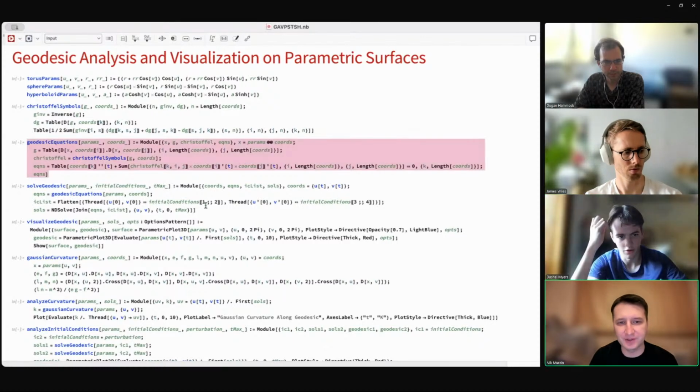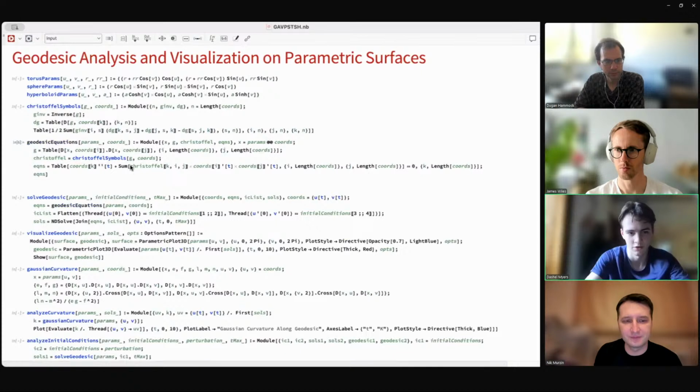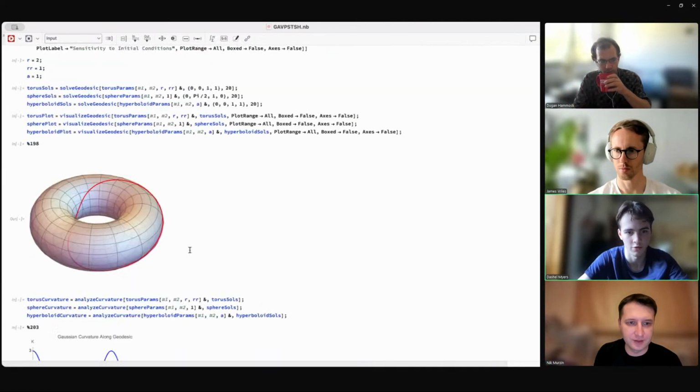Can you run them just to show the output? Because you can just show the actual equations, right? Do you mean just call the function? Yeah, on some parameters, like a torus.